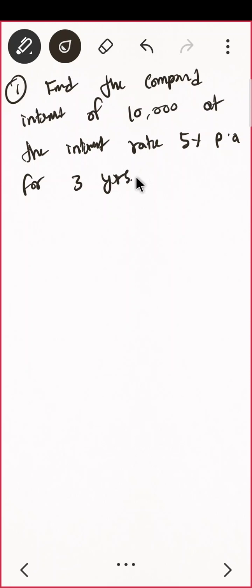Okay, so this is what you want to calculate. So how will you calculate this?